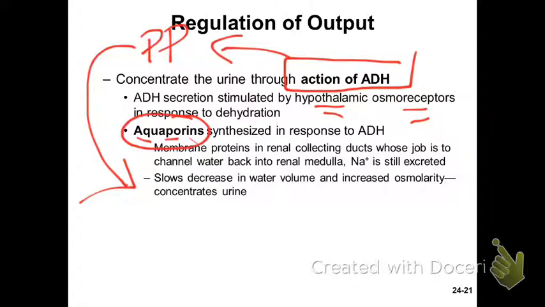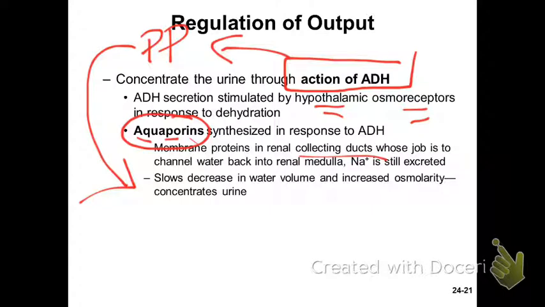And this is going to happen specifically at the distal convoluted tubules and the collecting ducts. You may recall that the water reabsorption in the nephron and in the kidney is under hormonal control at the distal end and in the collecting ducts, and ADH is a big part of that regulation. So when you're dehydrated, ADH sends a signal to the collecting ducts.